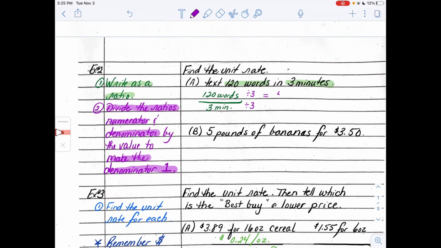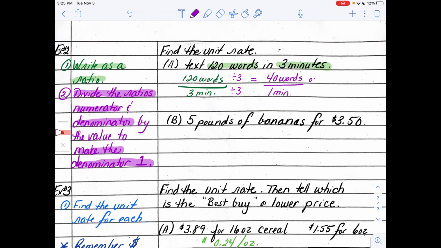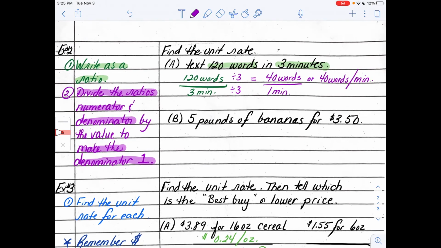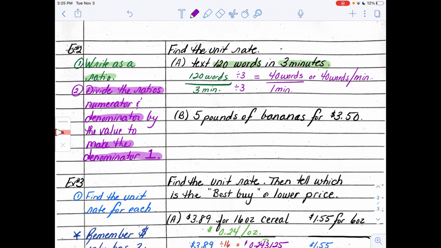When I do that, I should get 40 words over 1 minute. So I can leave my answer like that, or I can write it 40 words per minute. So again, we're finding the unit rate of the situation.